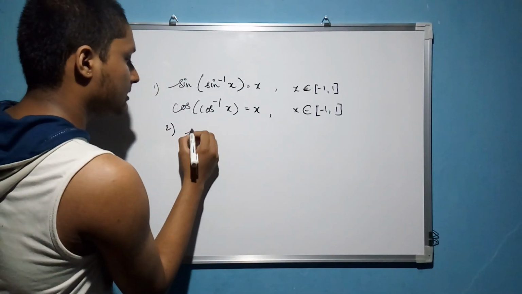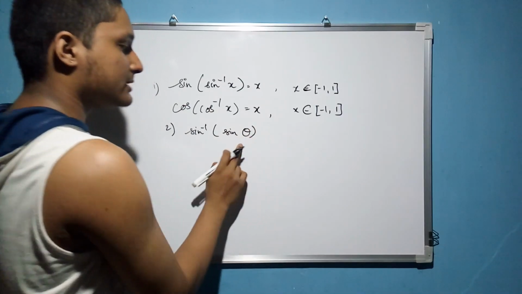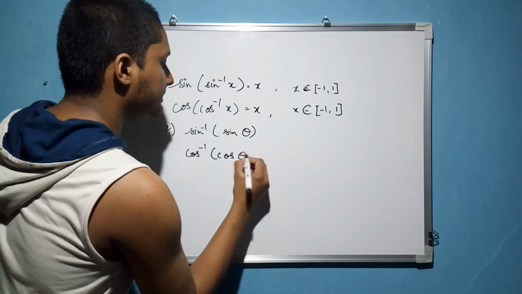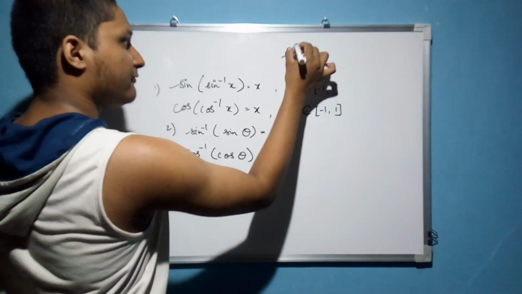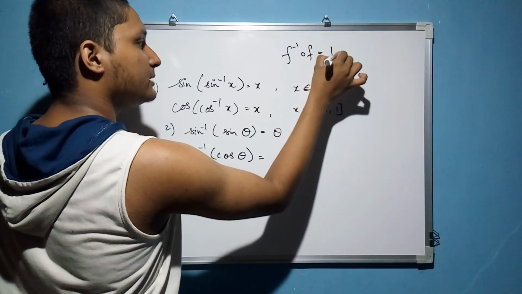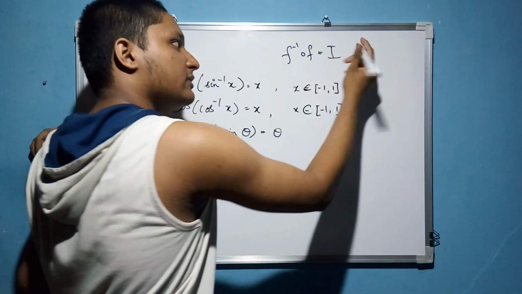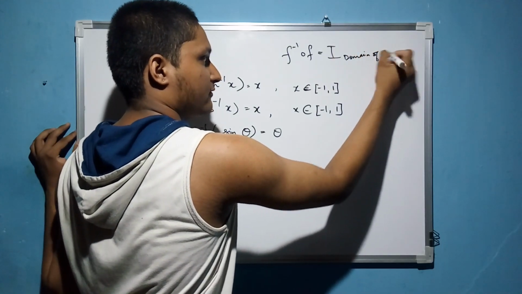The second type is sine inverse of sine theta, and cos inverse of cos theta. How can I write it as theta? We know that f inverse of f should also be an identity function for the domain of the function f.